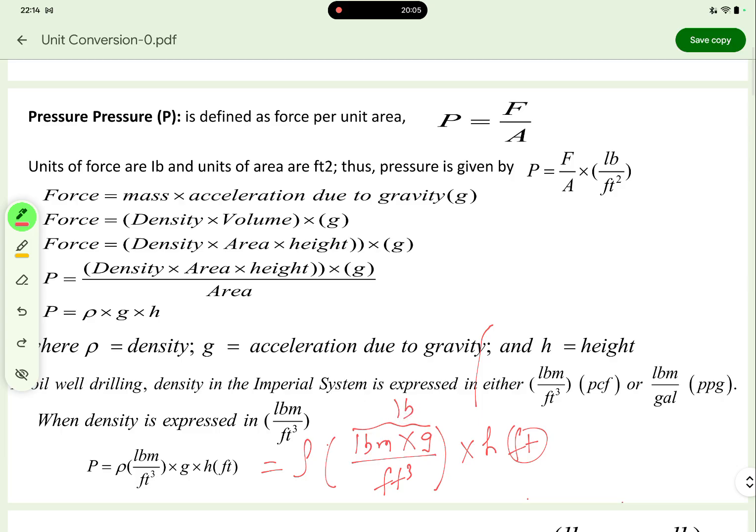Now I want to convert this: the feet will cancel out, and what will be left is the density term, right? And we want to write it in feet square, right? So this is lbf, and h is also there, right? I want to write this in inch square, so I will divide by 144, right? You will get this value.